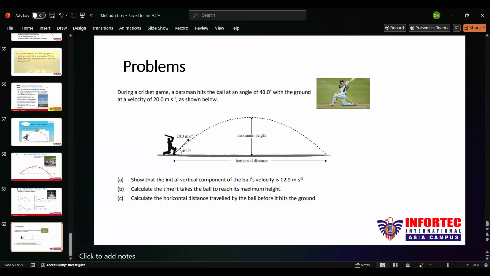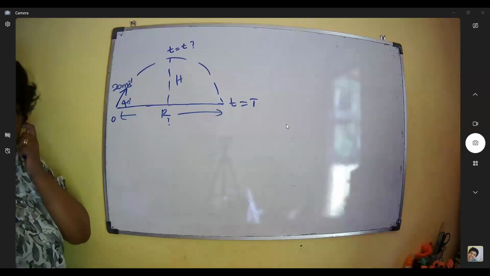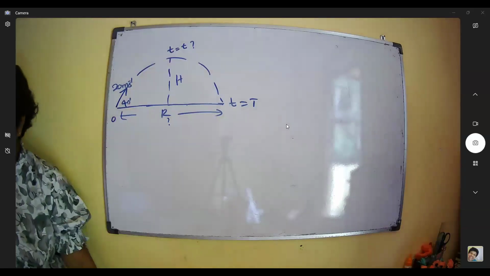Another one is R. Correct. With the question, the angle is 40, the velocity is 20 ms^-1, and we are asked for the components and T, right?